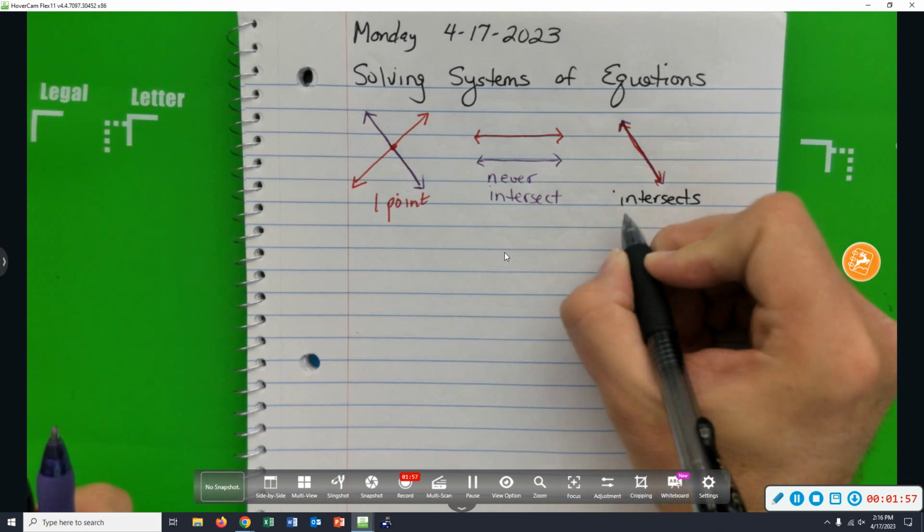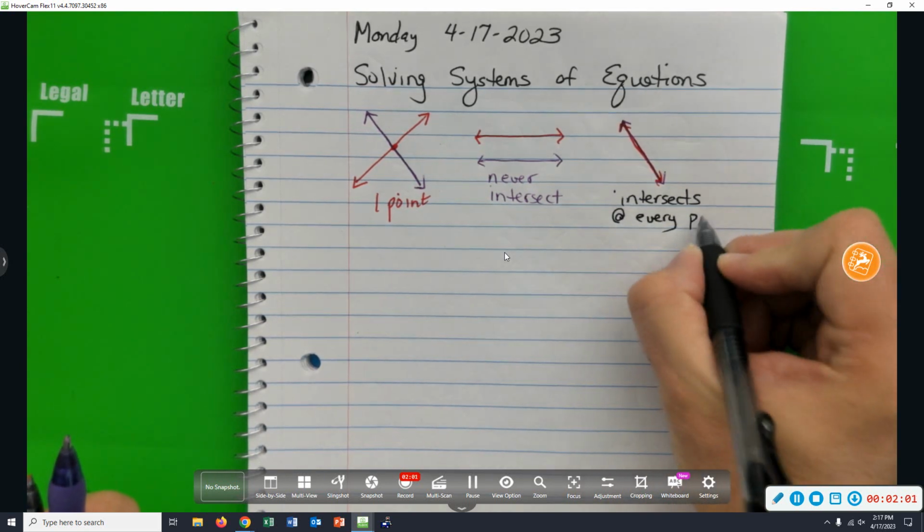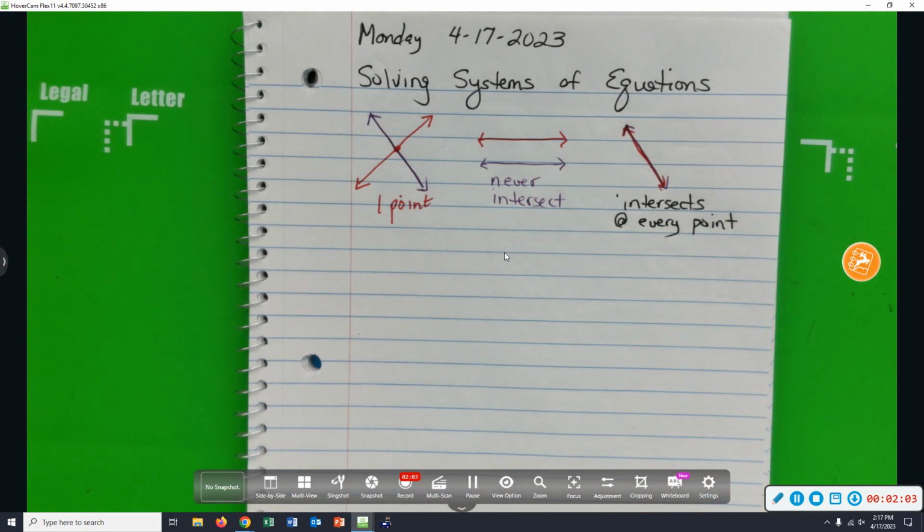What we're going to be looking at in this assignment is how to find those points of intersection. If you have two lines intersecting, how do you find the point of intersection?